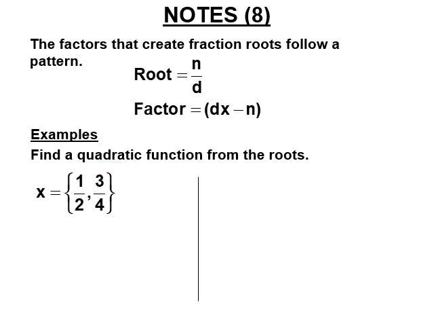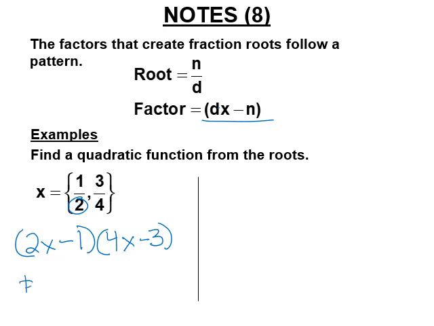Well, it turns out that you take the denominator and put it in front of x. You subtract the numerator, and you get the factor that made that root. It's the denominator in front of x minus the numerator. D stands for denominator, N stands for numerator.